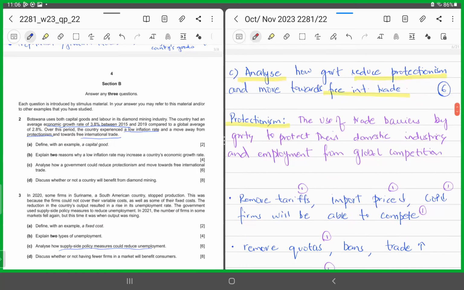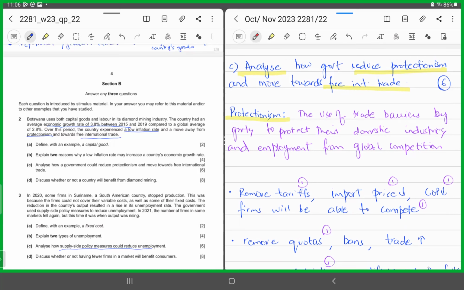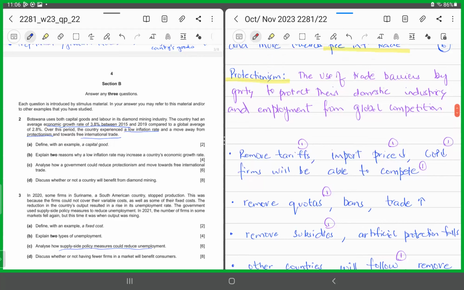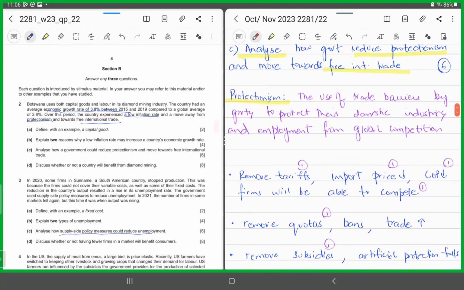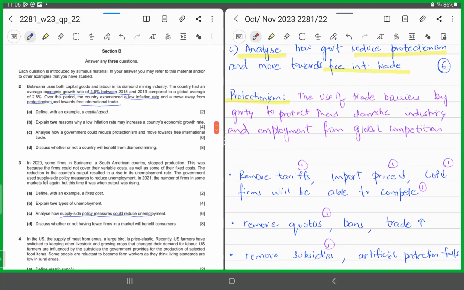Now, I've mentioned all the possible tools that fall under protectionism. However, again, it's a 6 mark question. I have allotted 1 mark to each of the points that you're going to mention. So you're going to see 4 points, and building upon them will yield you 6 marks, a full score in this part. All right. So how do you think the government is reducing protectionism and moving towards free trade?